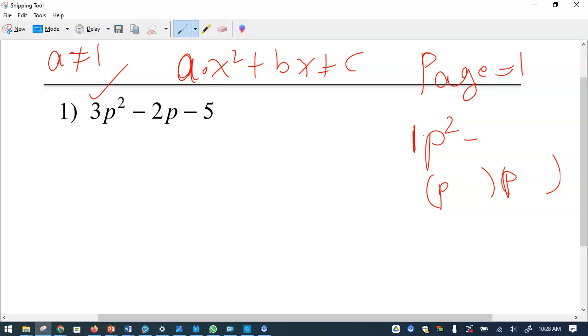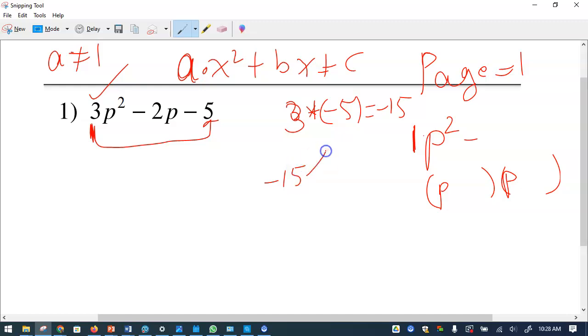So first step is I'll do the regular method that you used in the earlier class. What you do is multiply this 3 and this -5. You end up getting -15, and then you split this -15. What two factors? 1 times 15 is 15, and another one you can think of is 3 and 5.